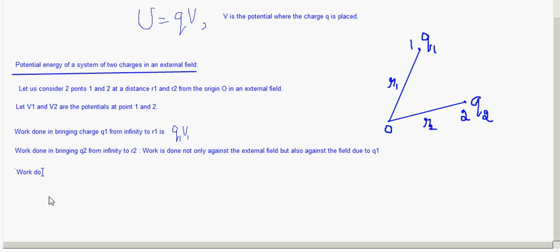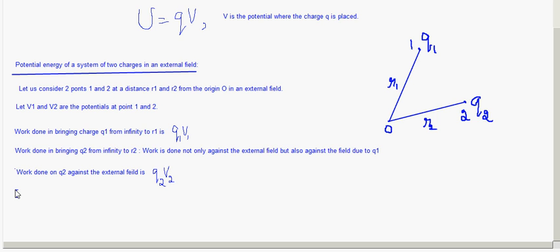Work done on q2 against the external field is q2 into v2. Another work is done against the field due to q1.